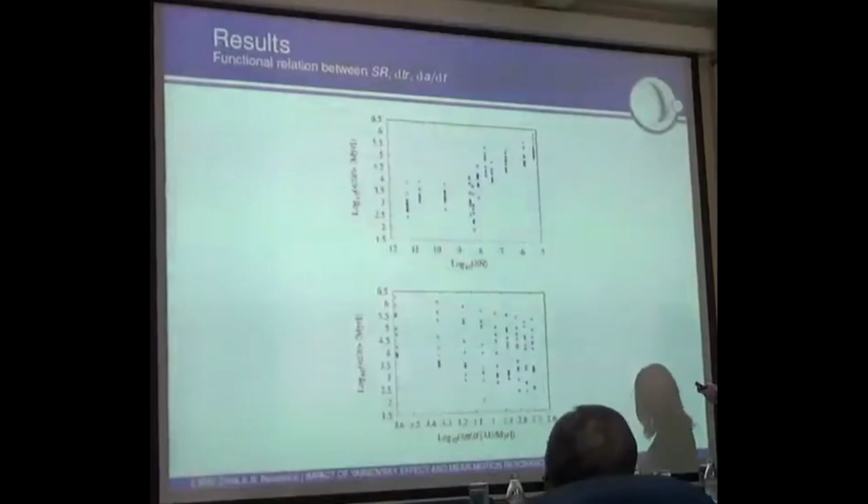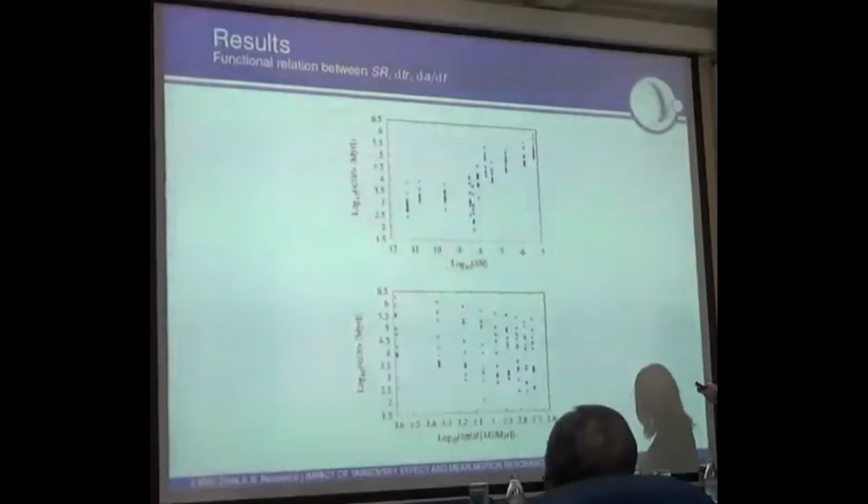In the lower panel, we have the plane of Yarkovsky drift speed, and it's a plane of the time in resonance as a function of Yarkovsky drift speed. We have a very similar but opposite trend between these two values.